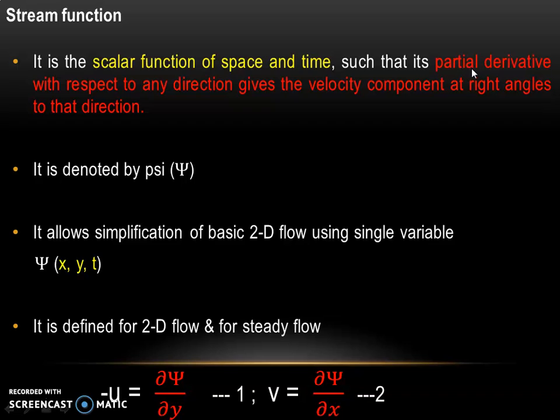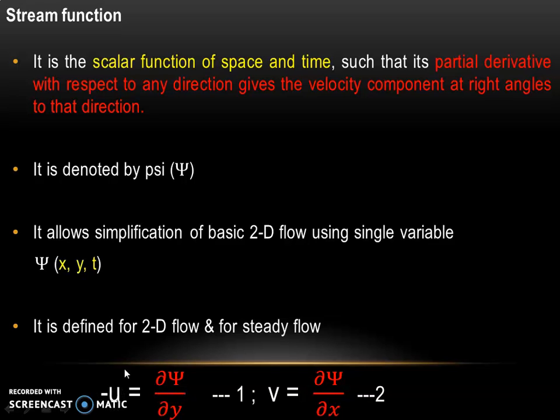So as per definition, its partial derivative with respect to any direction, that is dou psi by dou y, will give us the velocity component which will be at right angles to this direction. So u is the velocity component along x direction.